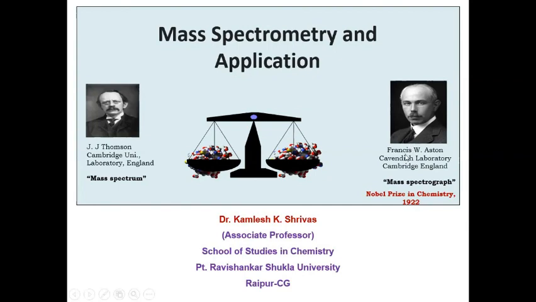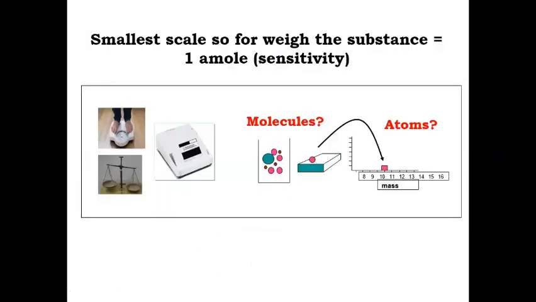Later on, Francis W. Aston recorded the mass spectrograph, and for this great pioneering work he got the Nobel Prize in 1922.